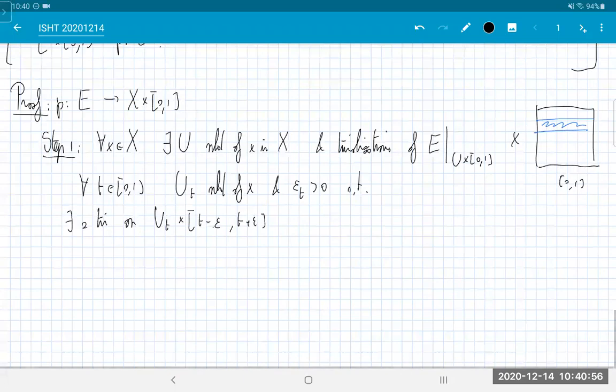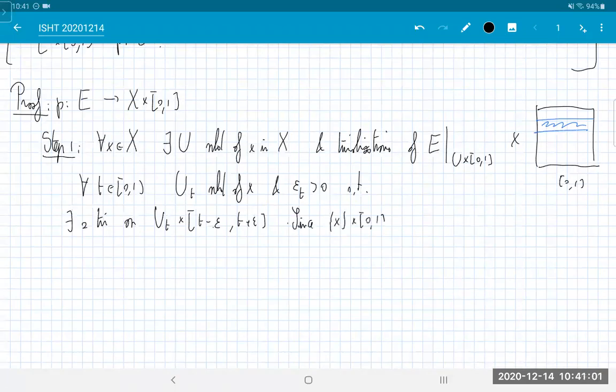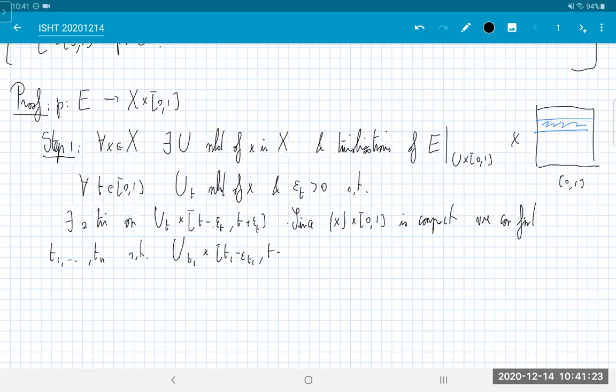I can find it like that. And okay, since x times [0, 1] is compact, we can find T1, ..., Tn such that U_T1 times (T1 minus epsilon_T1, T1 plus epsilon_T1), etc., cover x times [0, 1].